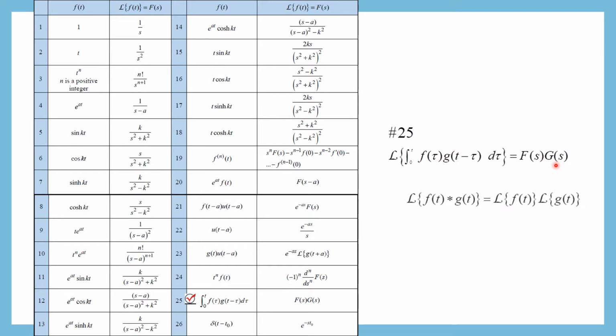By the convolution theorem, the Laplace transform of f(t) convolved with g(t) is equal to the Laplace transform of f(t) multiplied by the Laplace transform of g(t). But we know that these two are equal and these two are also equal. So in other words, all these are equal to one another. Hence, if we want to find the Laplace transform of this integral, it suffices to find the Laplace transform of f(t) multiplied by the Laplace transform of g(t).